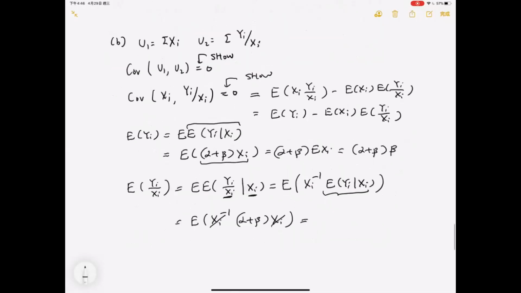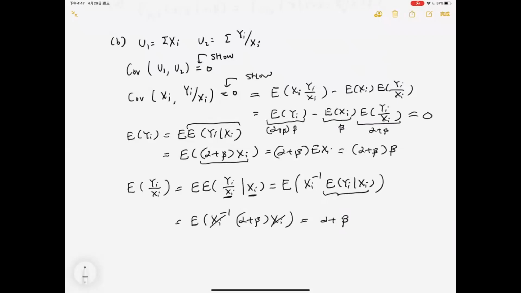This guy could be written down as alpha plus beta directly. Okay, then using this, you got this guy is beta, you got this guy is alpha plus beta, this guy is alpha plus beta times beta. Again, this guy is 0.